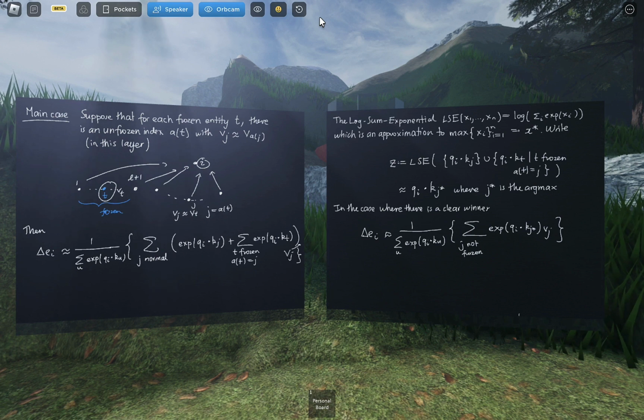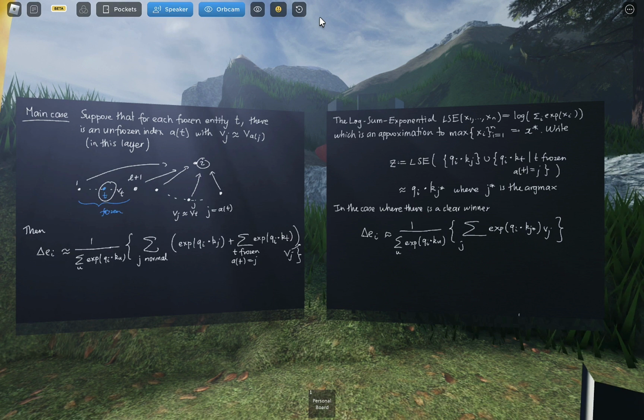So we reduce this update from a tension that included information from both frozen and unfrozen to an update only referring to non-frozen or normal entities, but with some modified weights.